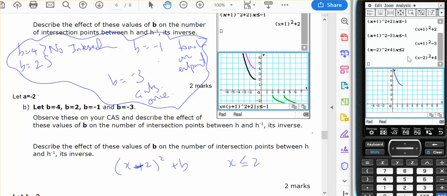And when I press XE, I drag and drop. Well, it's up over there. And if I do analysis, sketch, inverse, I get that. So at b equals 4, no intersection. But I'm thinking that if I come down to, that's going to come across to, and when b equals 2, they should touch.